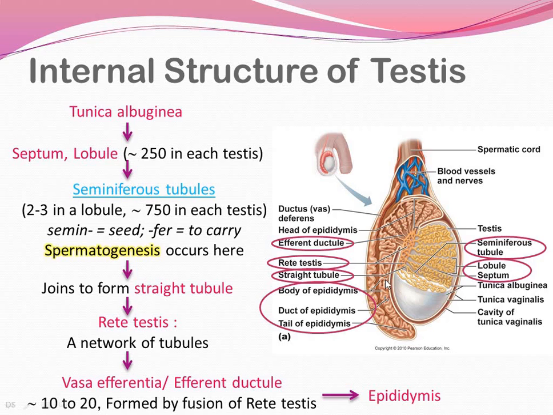Between these two, that is the body and the tail part, you have a duct of epididymis also, which normally does not allow movement unless there is a relaxation, right? Which may be because of either excess spermatogenesis that happens here, or it could be a sexual stimulation that will allow the movement of material.